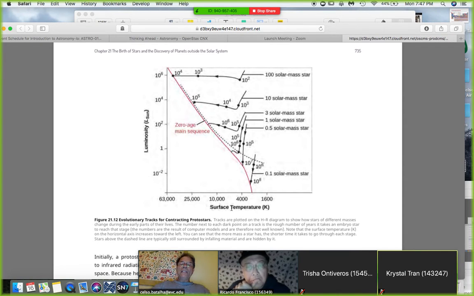And when they put it in a diagram, they find something interesting. 90% of the stars happen to be located in this reddish locale, which here is indicated as zero age main sequence, but is the main sequence.